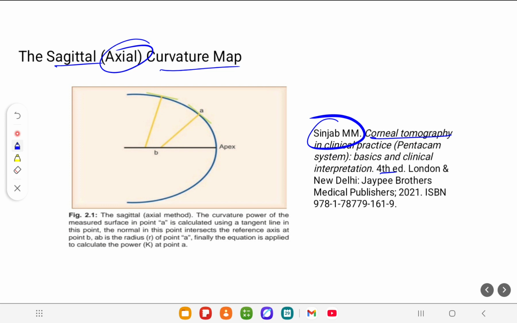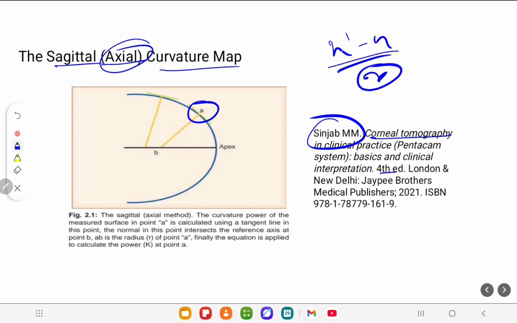For the sagittal or axial map, let's take point A in the cornea, and I want the curvature of that point A. Then I have to take the radius of that point, because if you want power, then definitely it is n' minus n divided by r. You want the radius, isn't it?